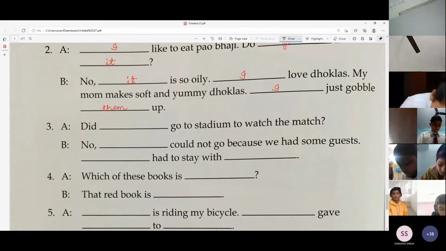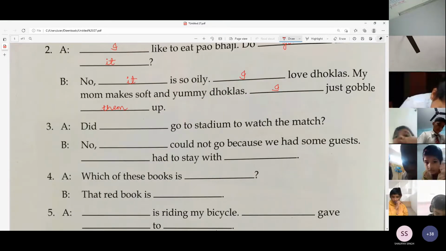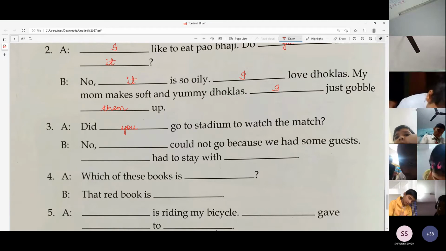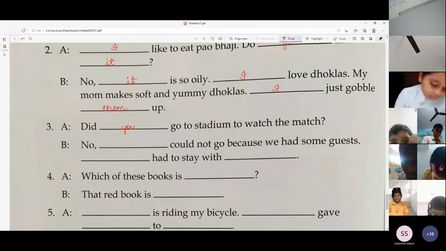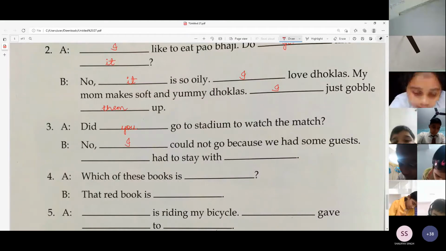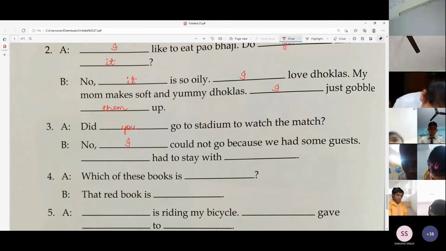Number 3. Did you go to stadium to watch the match? Then reply is no. I could not go because we had some guests.